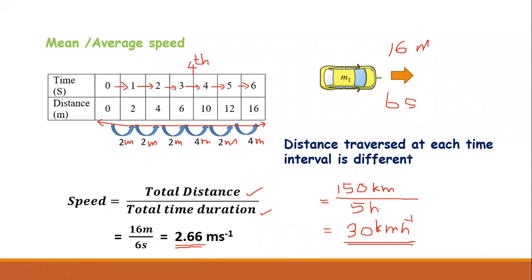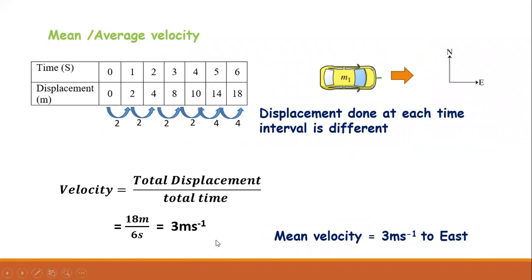That is mean or average velocity. In the same way as mean or average speed, here also we have some time intervals and the distances traveled at each second. They are not the same, they are different.